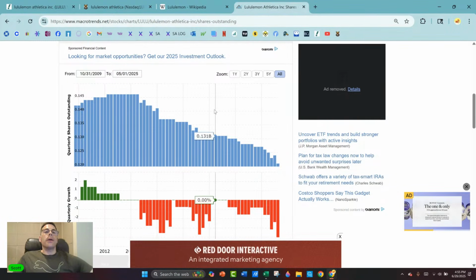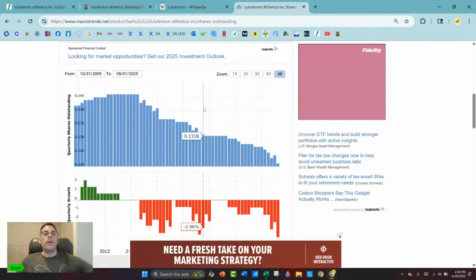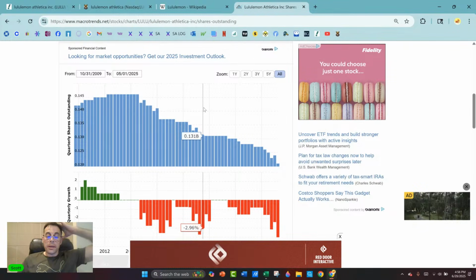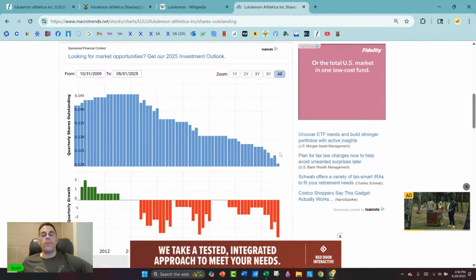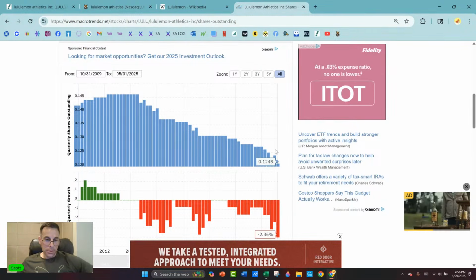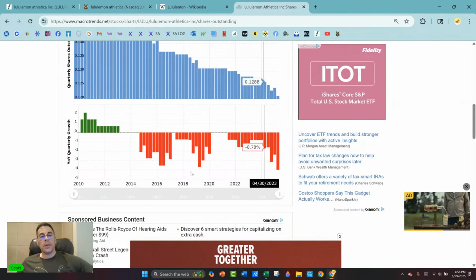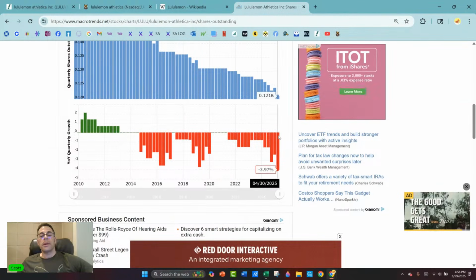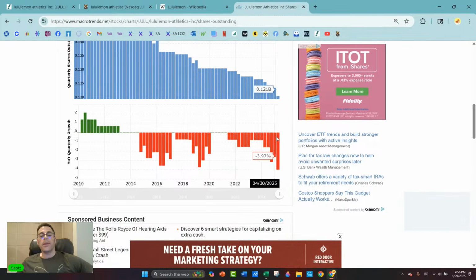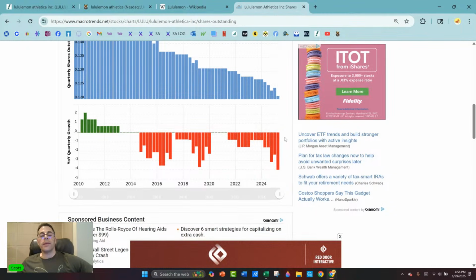Instead of adding shares and diluting shareholders, they're generating cash and buying back stock. You see how much they bought back. They bought back the most this quarter, 4% of their stock this quarter.